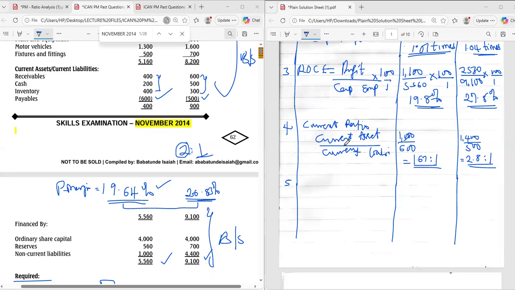It means that if you sell all the current assets of Purity, Purity will pay all its current liability, and you will still have 0.67 of its current asset left, because 1.67 minus 1 leaves 0.67. Look at 2.8:1. If he sells all his current assets and pays his liability, he still has 1.8 of his current assets available to settle more debt. So that's what it means in your current ratio.